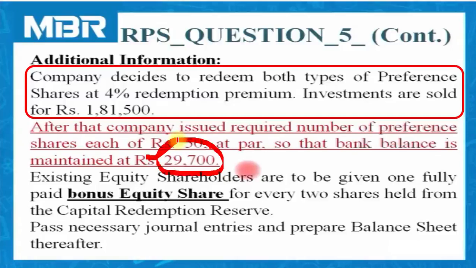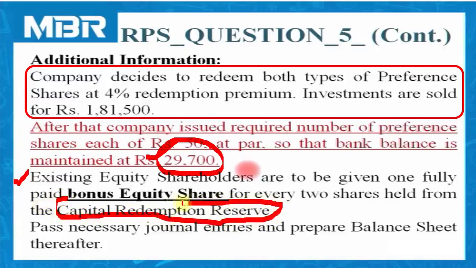Again, in the third paragraph, information related to bonus share is given. Refer the information carefully. Existing equity shareholders are to be given one fully paid bonus equity share for every 2 shares held from the capital redemption reserve, that is CRR.